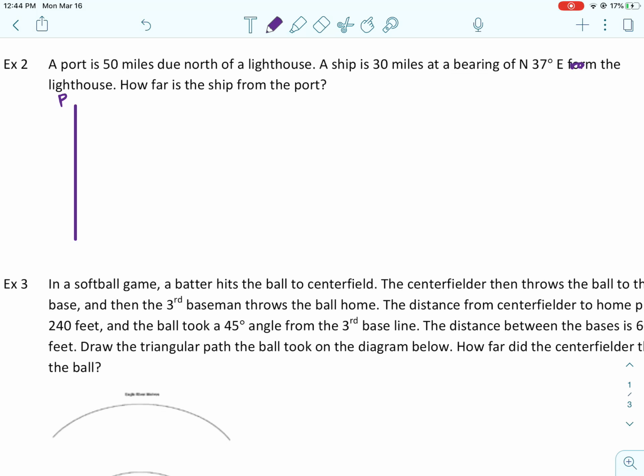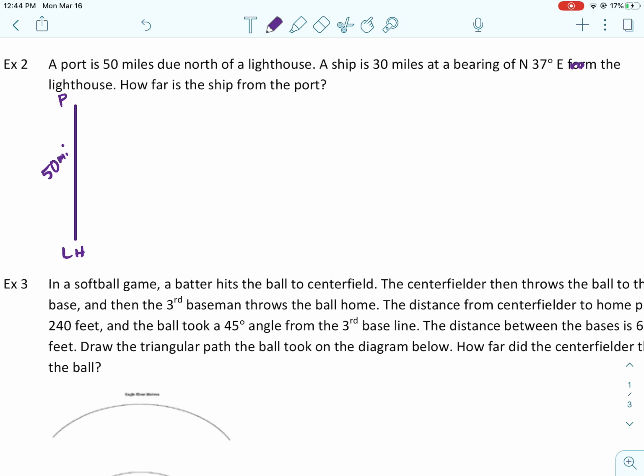Okay, so we have the port is due north from the lighthouse. So I just drew a vertical line, and we know that distance in between is 50 miles.